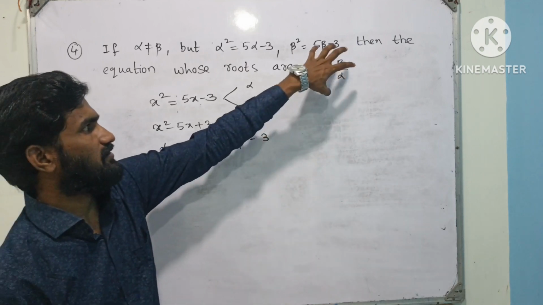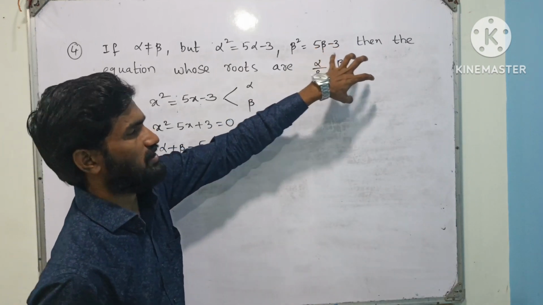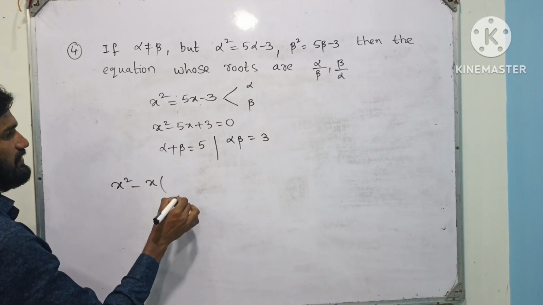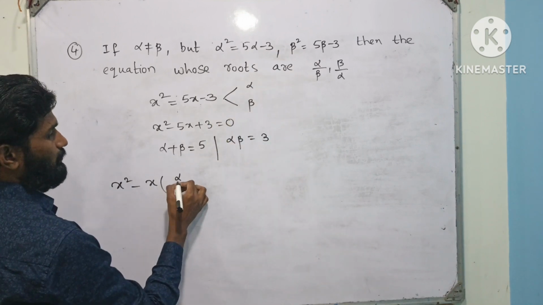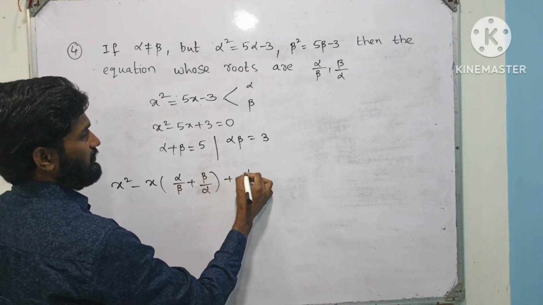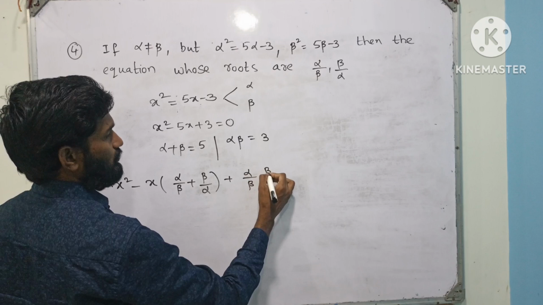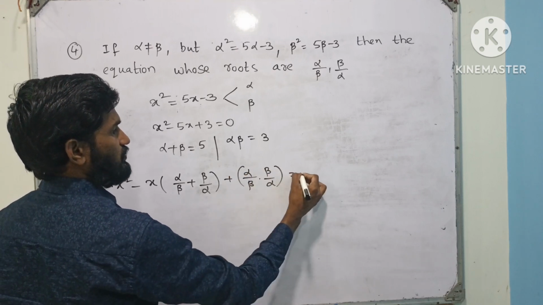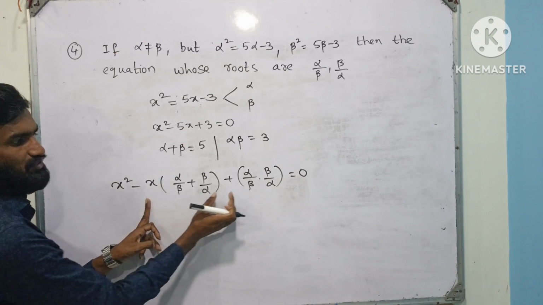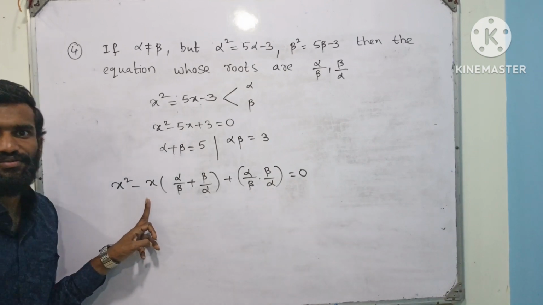Now we need to find the equation whose roots are these two. That is x square minus x into alpha by beta plus beta by alpha plus alpha by beta into beta by alpha, which is equals to 0. X square minus x into sum of roots plus product of roots is equals to 0.